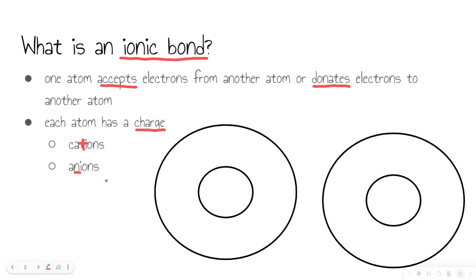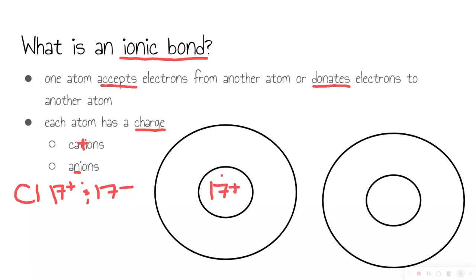So let's look at some examples. Chlorine has an atomic number of 17. So in a neutral chlorine atom, we're going to have 17 protons and 17 electrons. These charges are going to balance each other out. These 17 protons are going to be in the nucleus.